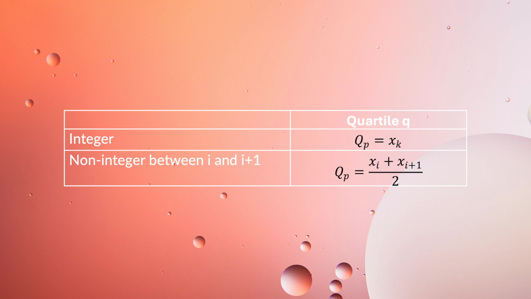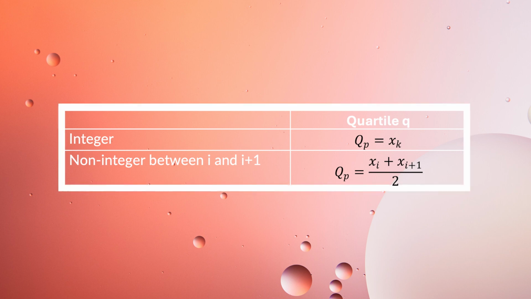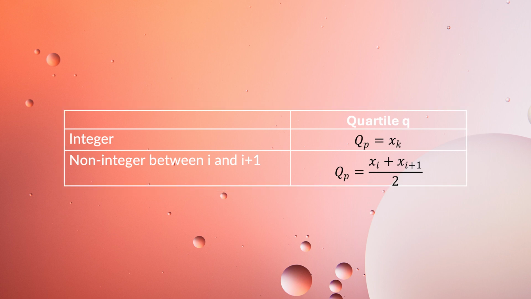The formula for calculating the value of a given position can also vary. For the inclusive and exclusive method, once the position is known, the way to calculate the quartile value is the same in both methods. The table below shows how we calculate the quartile given its position, integer or non-integer, in the dataset. In short terms, if the position is an integer, it's easy to get the element because it exists in the data.